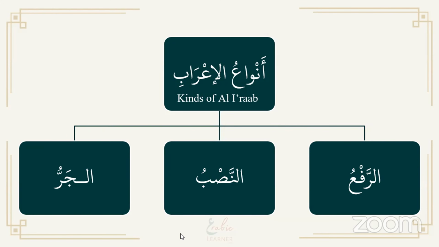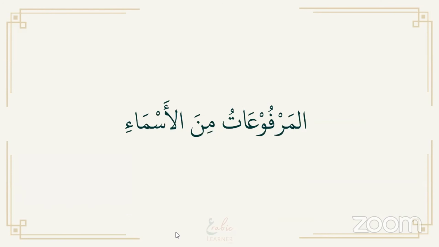Now, when we talk about Ae'rab, the first thing we talk about is Rafa, Nasab, and Jar. So let's talk about Marfuaat min al-Asma'i. Marfuaat means what are the Marfuaat? Marfu means which are in the place of Rafa.